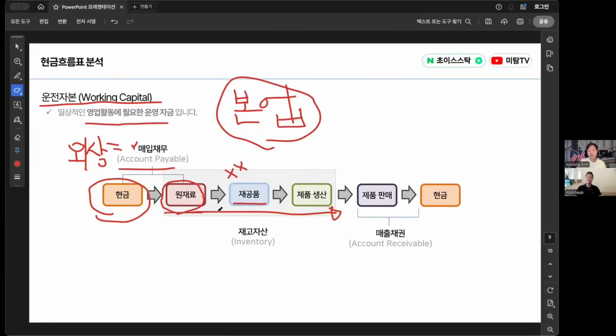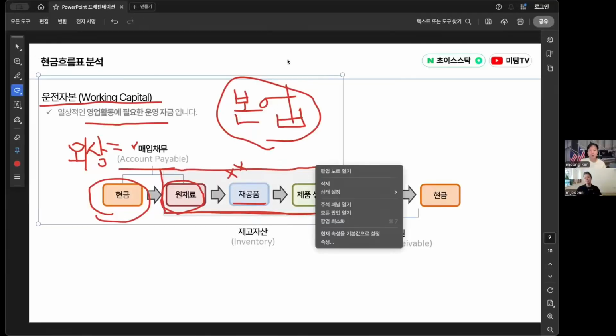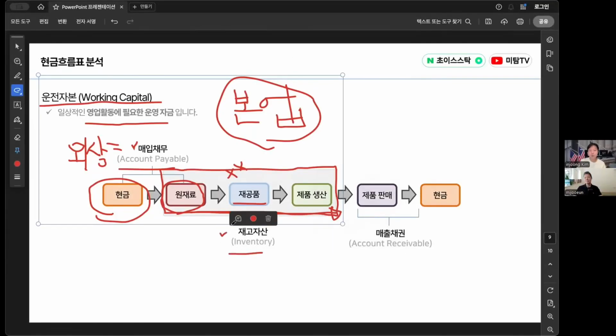So, the period from buying the raw materials to producing the product is what I refer to as inventory assets. This inventory asset covers the time from purchasing the materials to making the goods. If you ask how many days this takes, I said we attach the number of days to it. So if we add what's called the turnover days here, it becomes inventory turnover days.